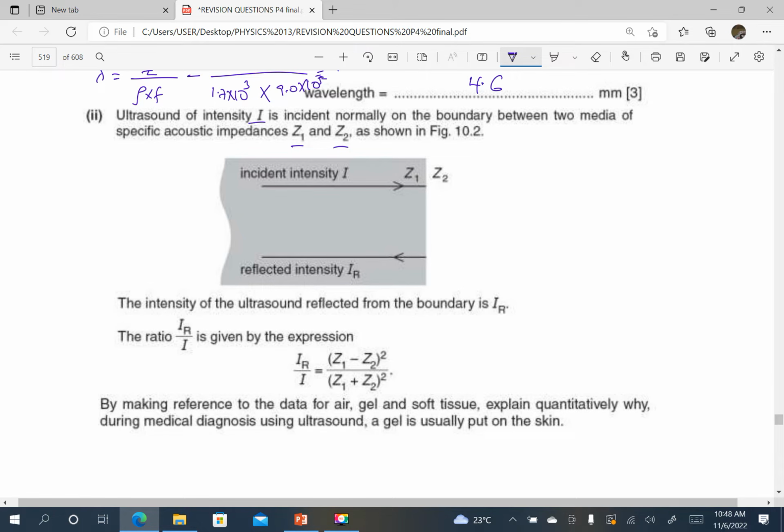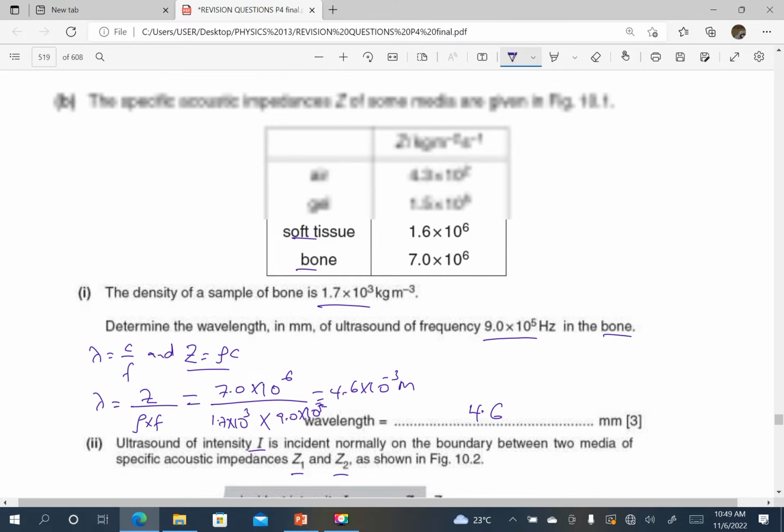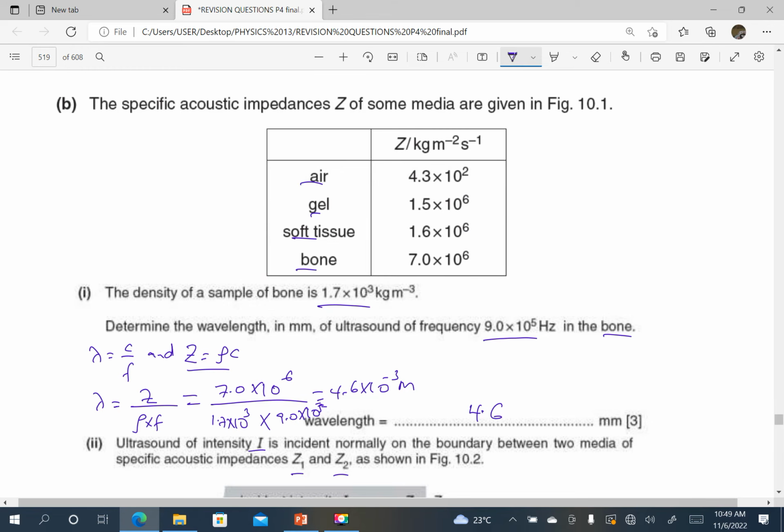The ratio IR over I is given by that expression. By making reference to the data for air, gel, and soft tissue, explain quantitatively why during medical diagnosis using ultrasound, a gel is usually put on the skin. Normally the ultrasound transducer is placed on the skin, which has been smeared with a gel.